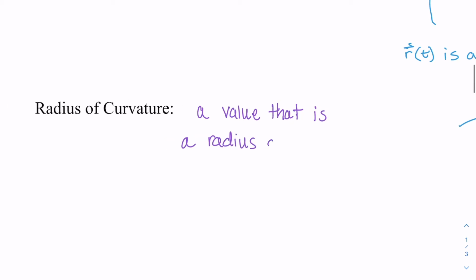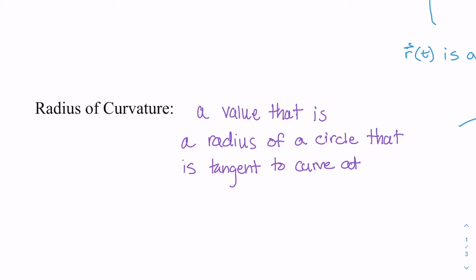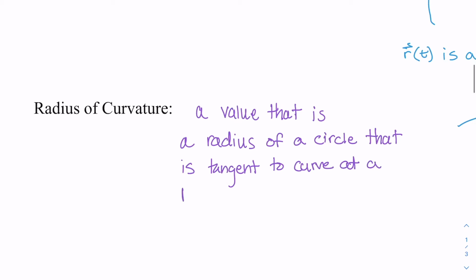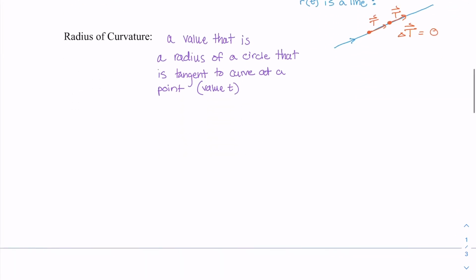So it's the radius of a circle that is tangent to a curve at a point, right, or a value of t. Let me write that better. And so the radius of curvature is going to look like this.